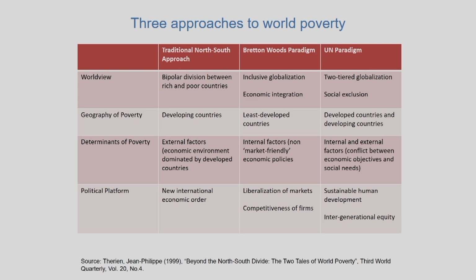The Bretton Woods paradigm started talking about liberalization of markets and competitiveness of firms, and the UN paradigm started talking about sustainable human development and intergenerational equity. In the last 20 years or so, we see a dominance of discussion with respect to all of these, liberalization of markets, human development and intergenerational equity, in the literature on growth and development.